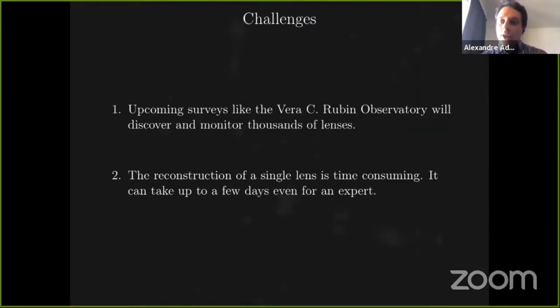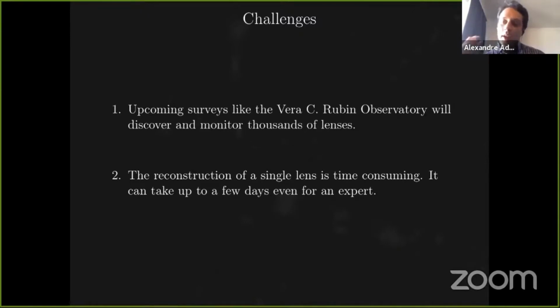So what are the challenges that are coming up in the next decade for analyzing populations of gravitational lenses as well? There are large surveys coming up, like the Vera Rubin Observatory, which will take a full picture of the sky every 3 days. And we expect it to discover thousands of these systems.